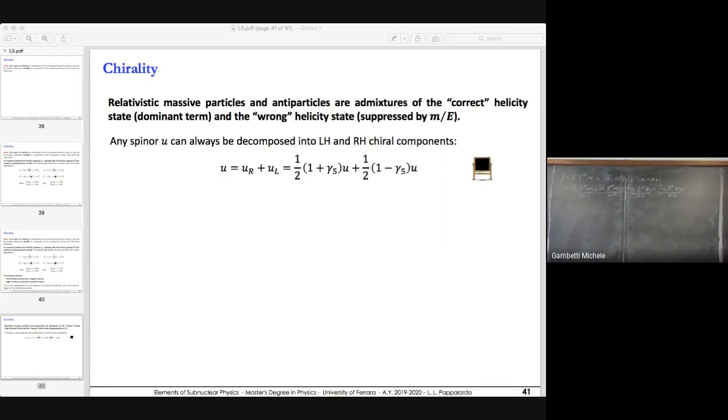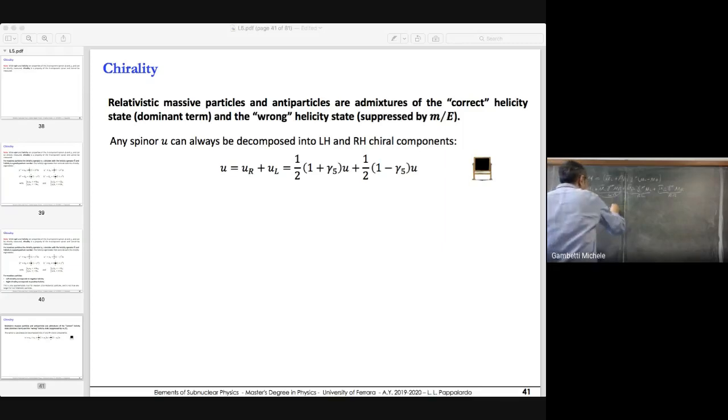Okay, so let's try to calculate now, for instance, this one, the current J_LR. This is given by u_L adjoint, gamma mu, u_R. Now we make use of the chiral projection operators.